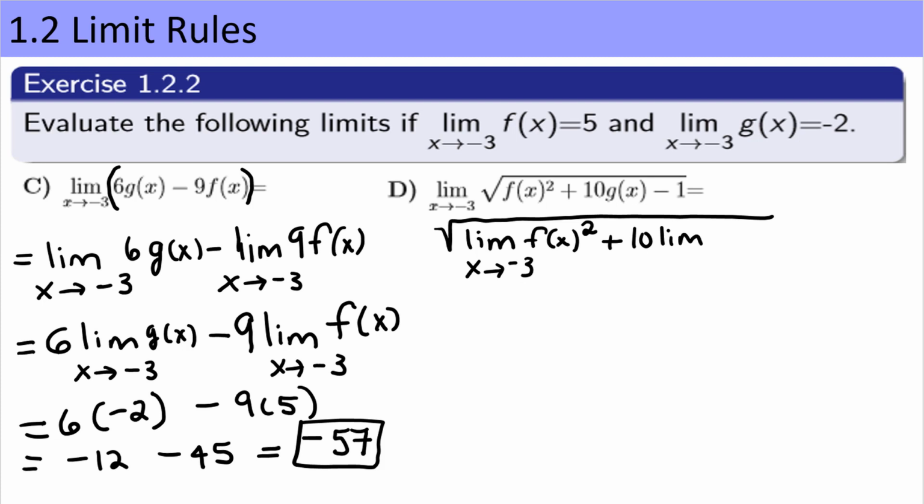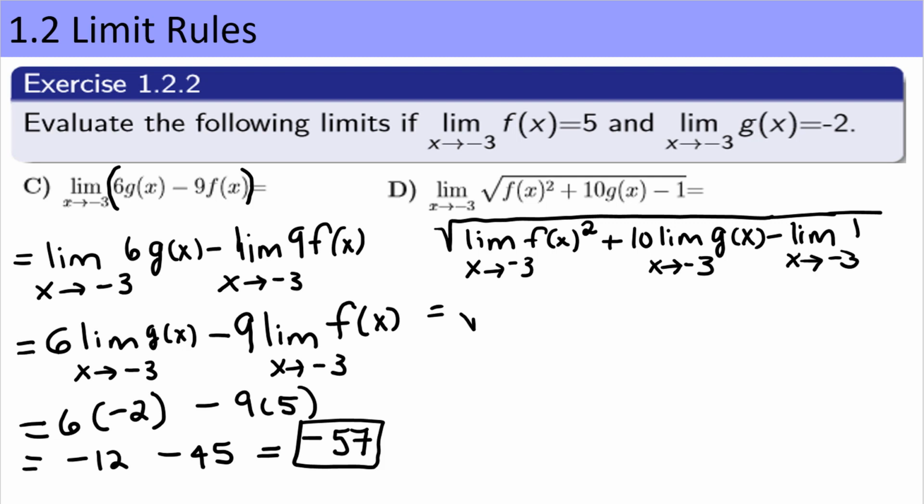So 10 times the limit as x approaches -3 of g of x, and continuing minus the limit as x approaches -3 of the constant 1. Let's continue some more. We've got to do one more thing, and that's with the squared.